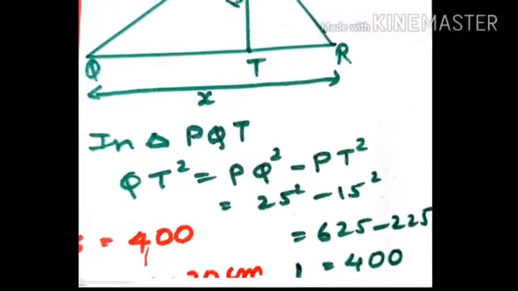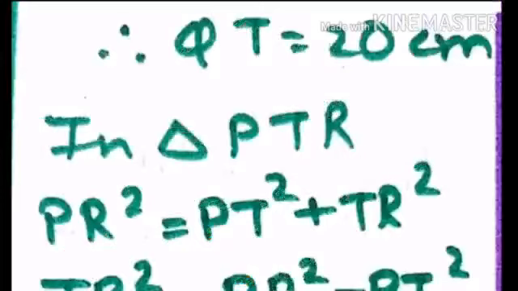Now as we have found our QT value, we need to find TR value. So as you can see, QT is 20. Now in triangle PTR, the right hand side triangle of PT, I am also using Pythagoras theorem, as PR square is equal to PT square plus TR square.